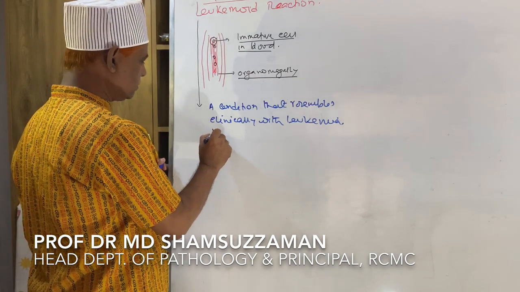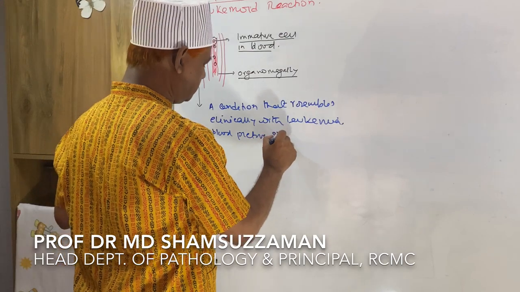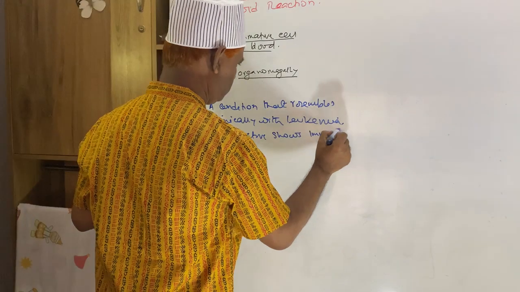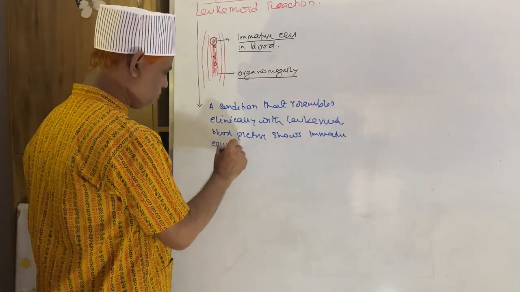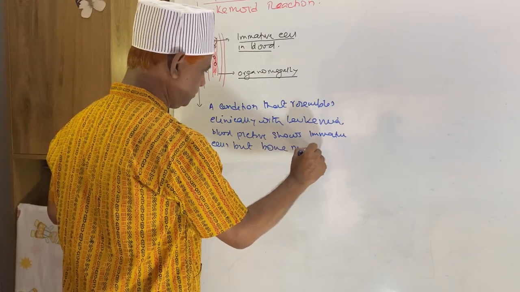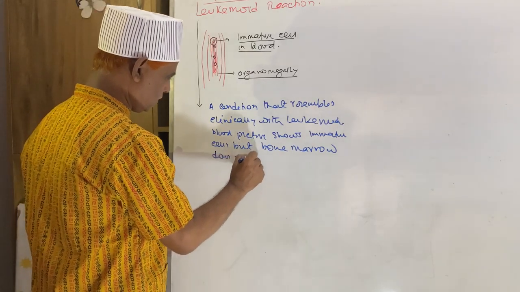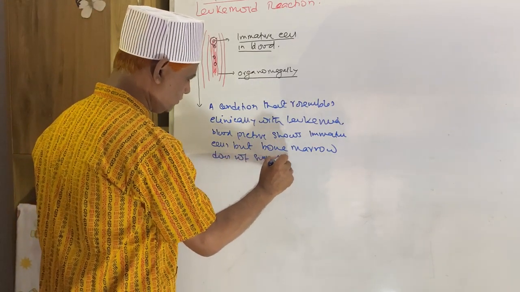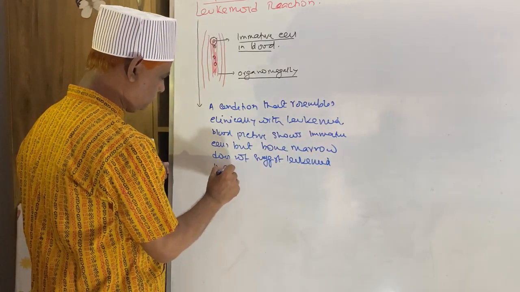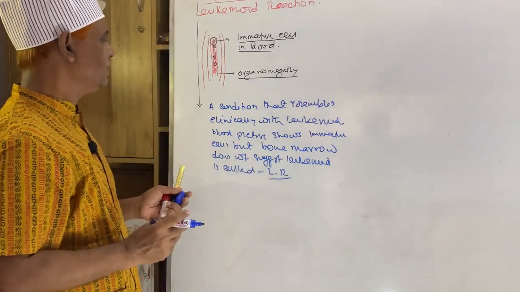Blood picture shows immature cells, but bone marrow does not suggest leukemia, is called Leukemoid reaction. So, it is a clinical condition.